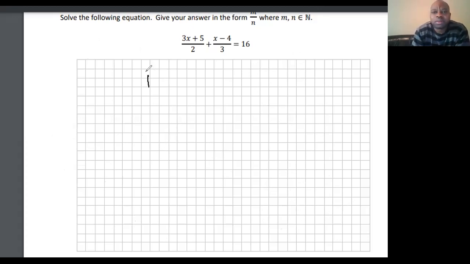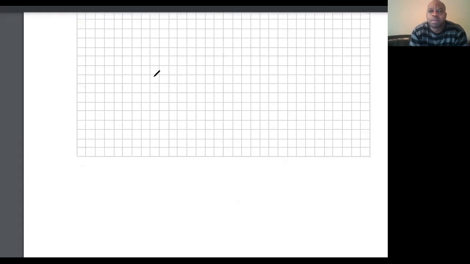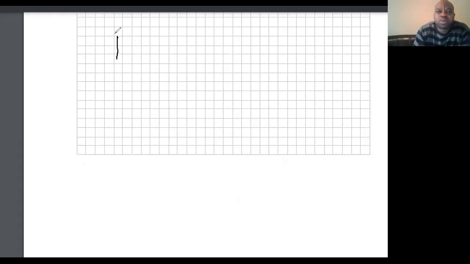So let's see. Given this right triangle, don't mind my drawing.